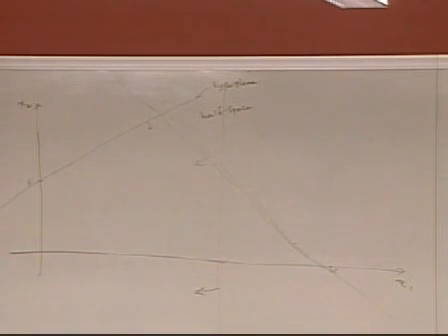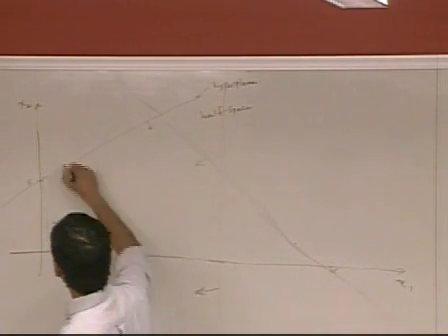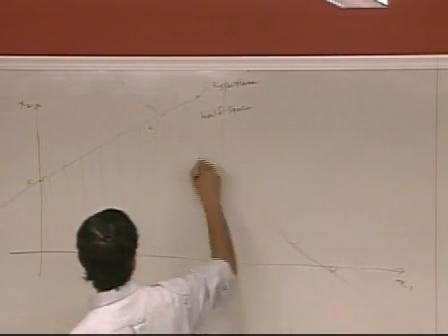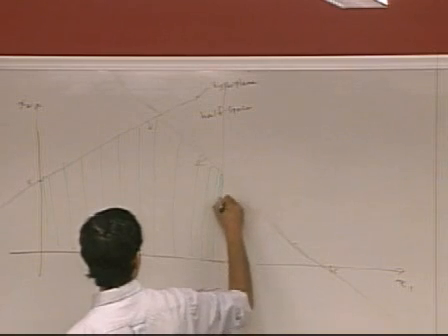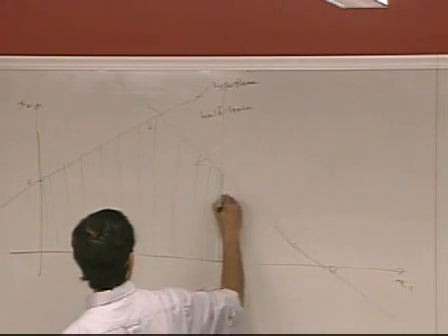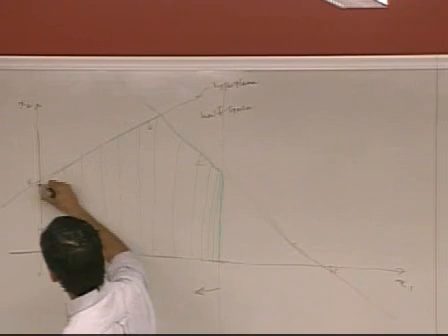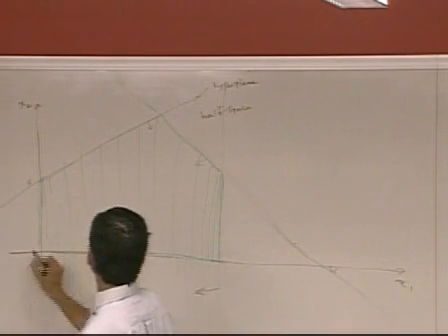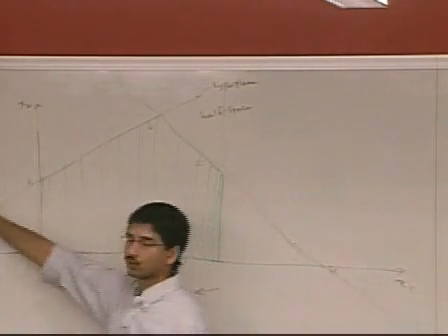Putting all of this together, the feasible region for the problem is something like this. You have this line, you have this line, so those are all the x1, x2 pairs that satisfy all of these constraints.